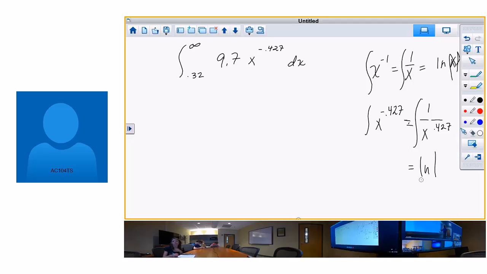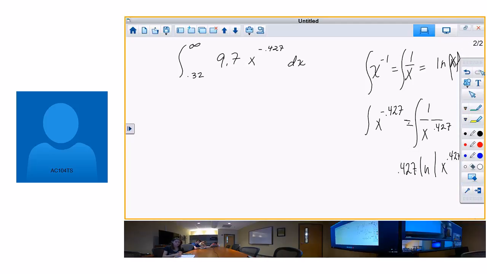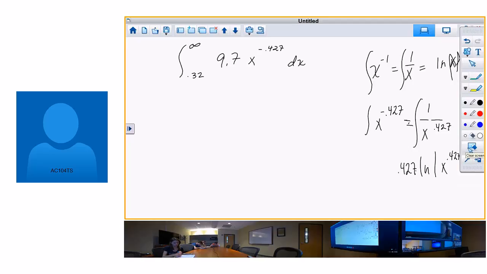Well, it's going to be 0.427 outside, right? So 0.427 natural log of x to the 0.427, because that's what happens when you do the natural log.